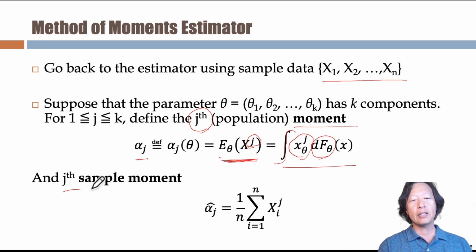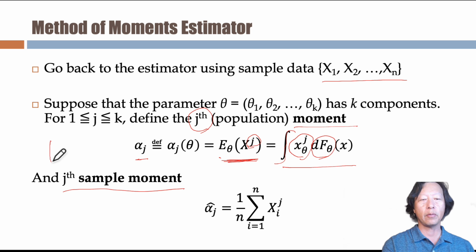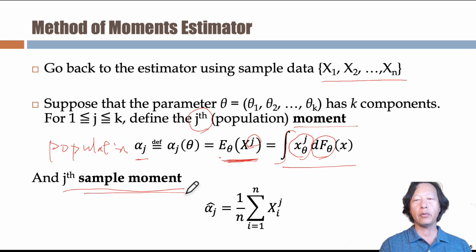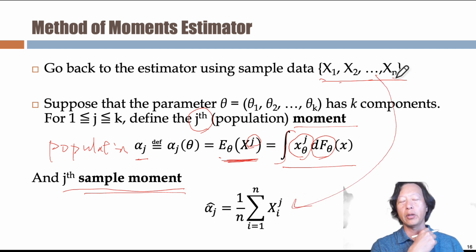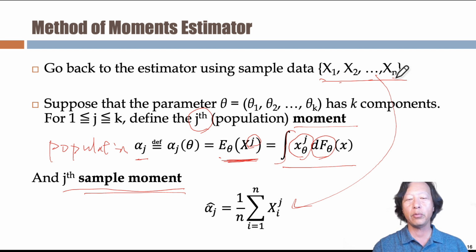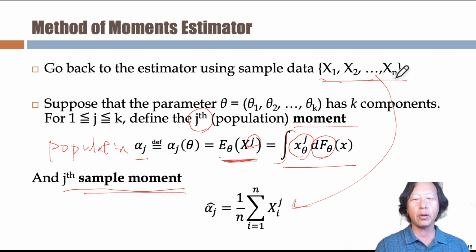And then the jth sample moment. This is for the population, but this is for the sample. Here we actually have n samples. How can I get it from n samples? Just simply add up, because again this is the expected value of xi to the power j.